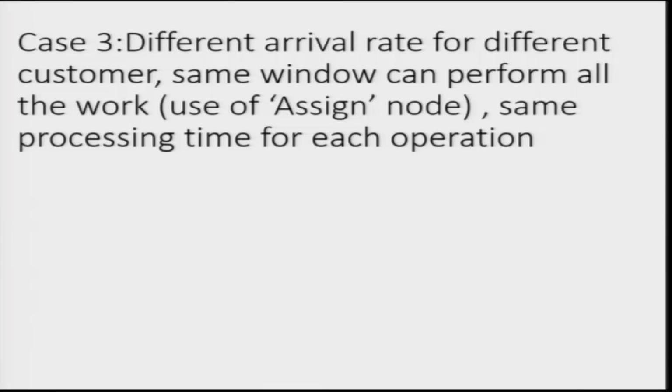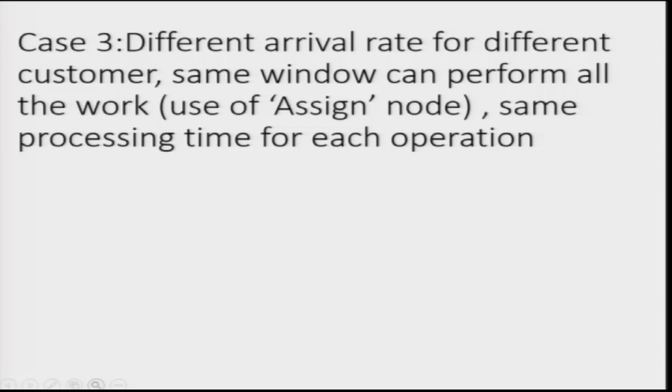Now we will go to the third case, in which we will discuss the use of the assign node. First, we will assume that the bank has common windows for all the three operations we discussed previously, which can serve a customer for deposit or withdrawal, making a demand draft, and other things as well.